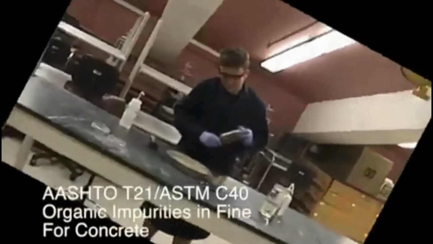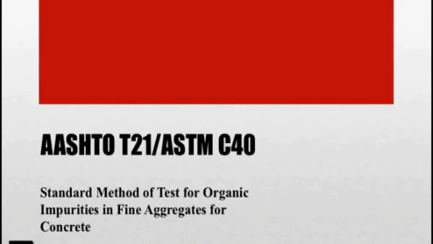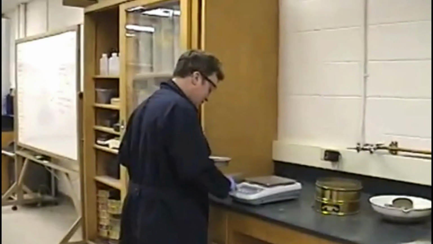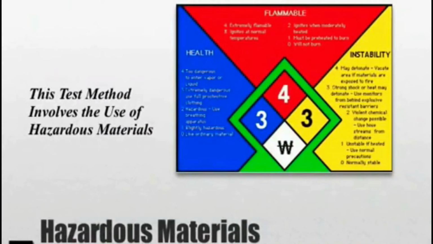AASHTO T21 and ASTM C40 are the standard methods of test for organic impurities in fine aggregate for concrete. This test method involves the use of hazardous materials.